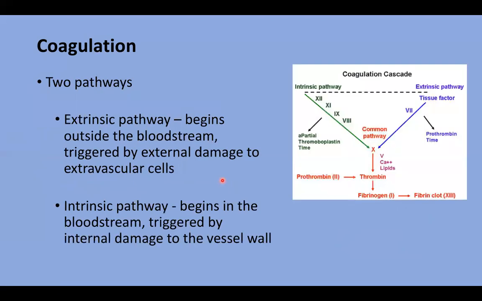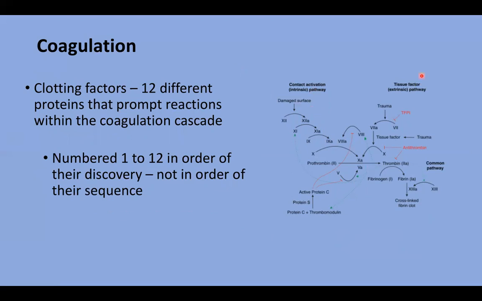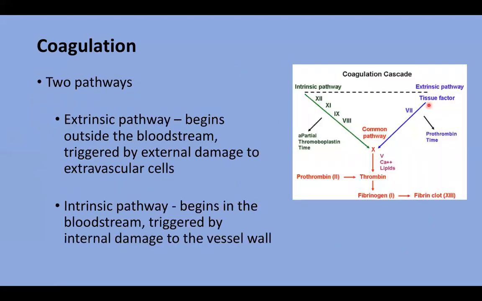So in coagulation, there are 2 separate pathways. This one looks a lot simpler than the one before, but essentially it's the same thing, just without all those extra arrows. So we have 2 pathways: the extrinsic pathway and the intrinsic pathway. The main difference between the two is that the extrinsic pathway is going to begin outside of the bloodstream.